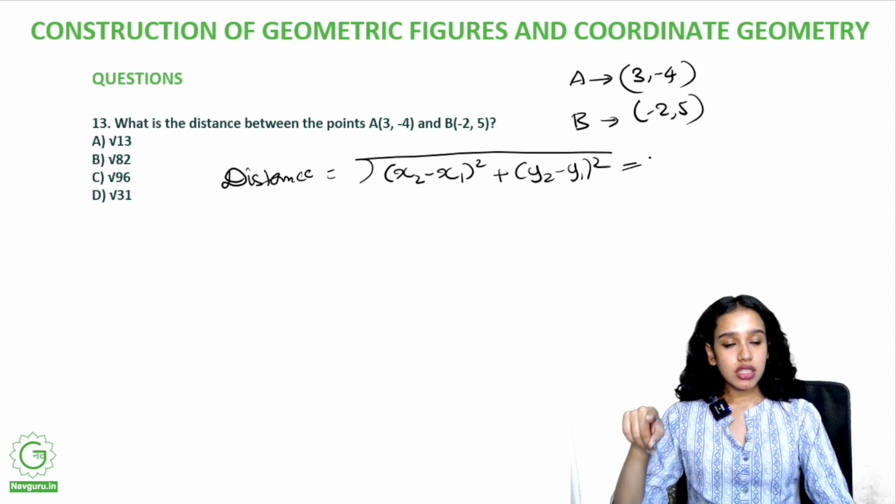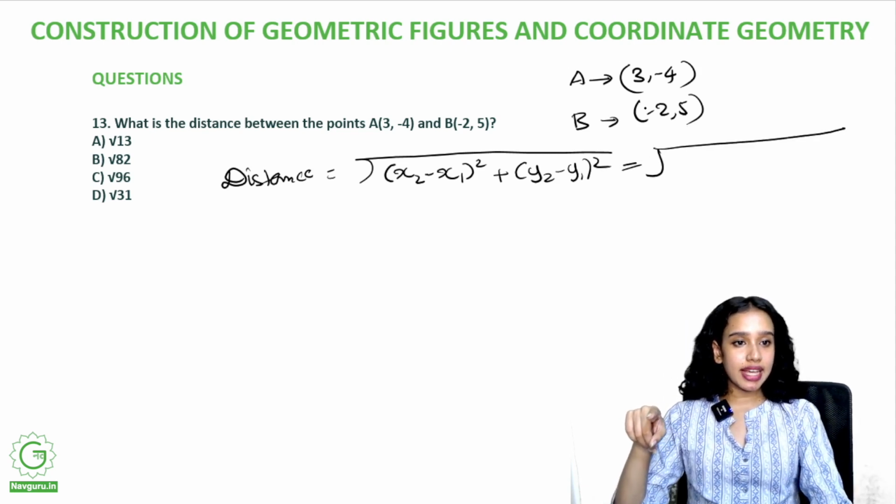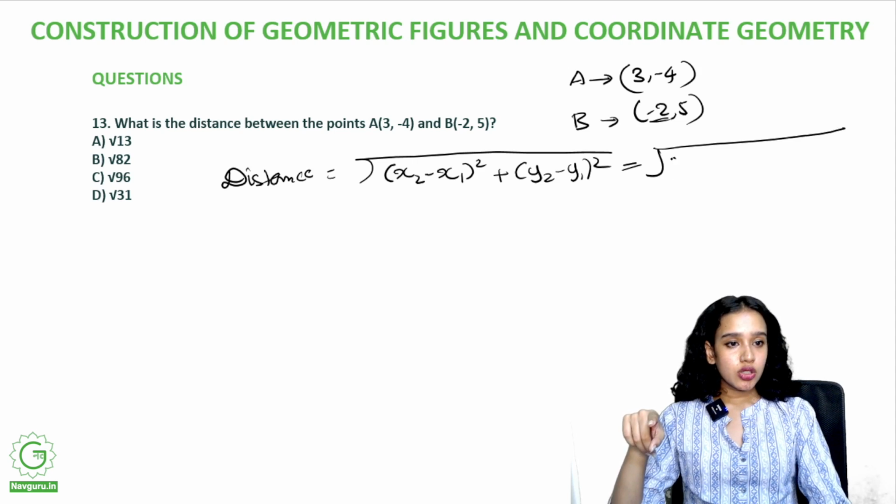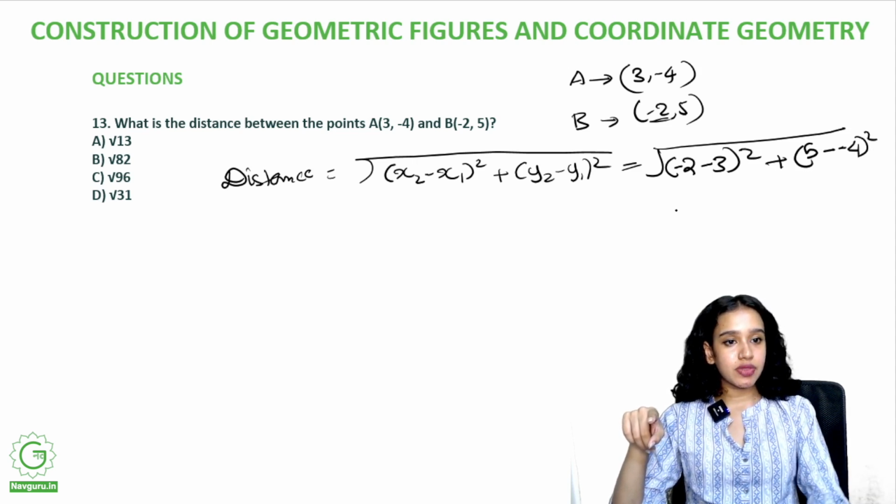Now, this would be equal to root of x2 is minus 2, so (minus 2 minus 3) the whole square plus (5 minus minus 4) the whole square, right?